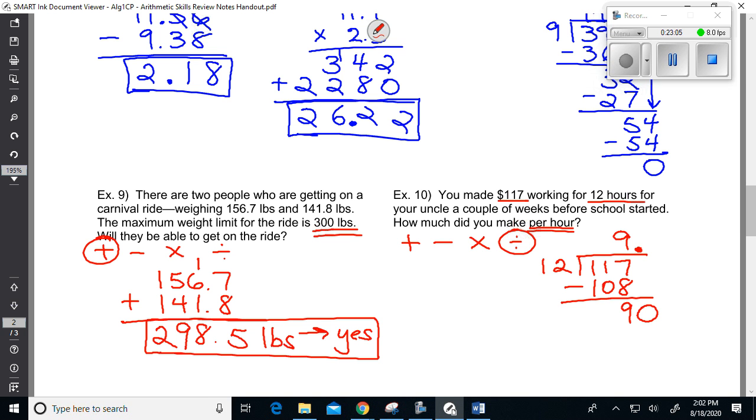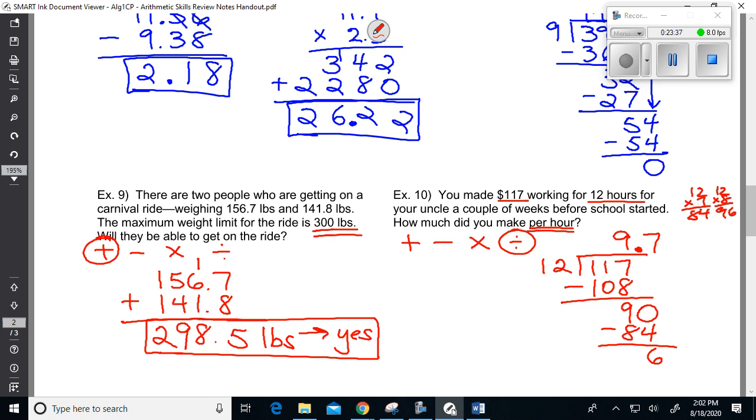How many times will 12 go into 90? 7. 12 times 7 is 84. And 12 times 8 is 96. So 96 is too big. 7. 7 times 12, 84. 90 minus 84 is 6.